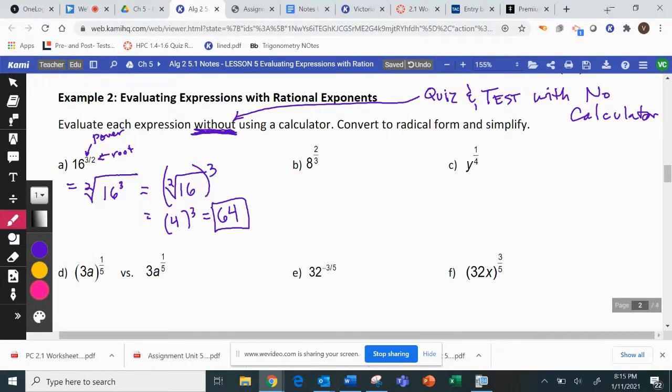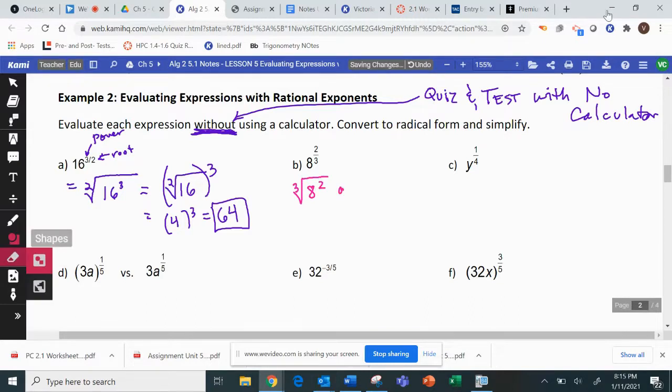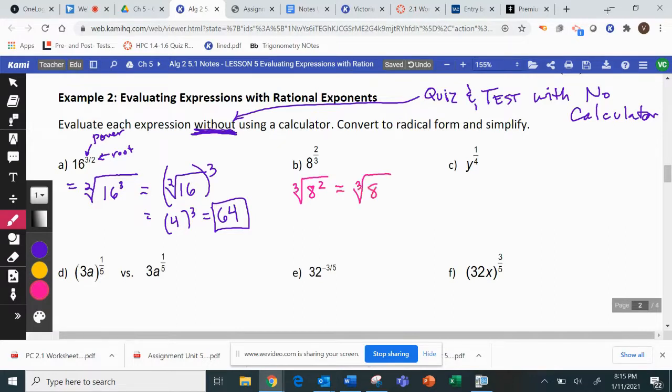8 to the 2/3. We can rewrite that as the cube root of 8 squared, or we can rewrite it as the cube root of 8, squared. For this, I think either of these is about the same difficulty, but that's really up to you which way you'd want to do it.